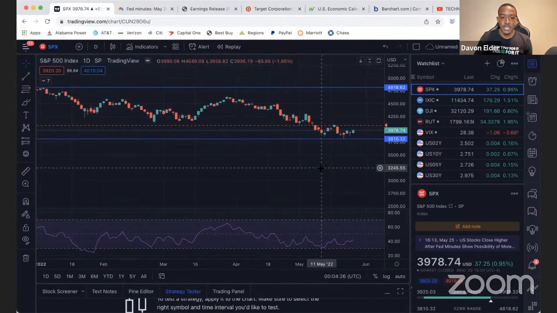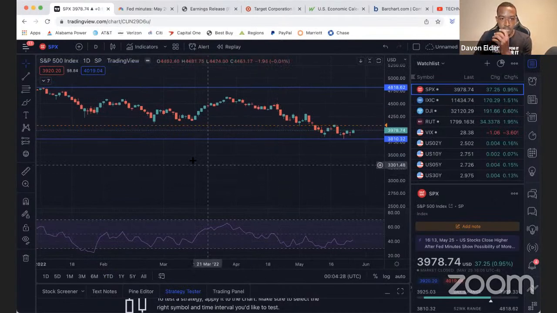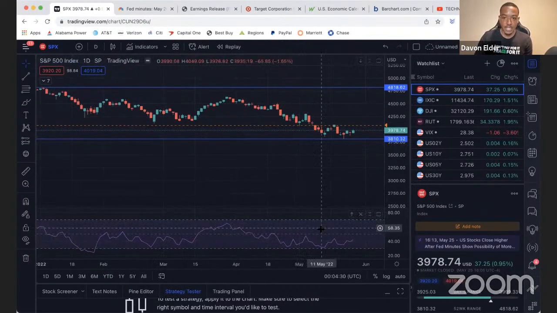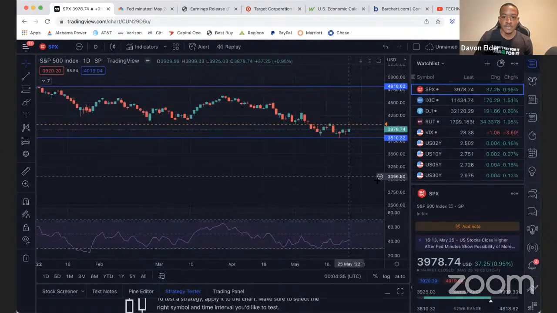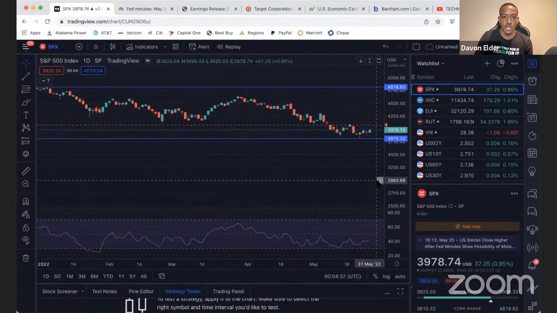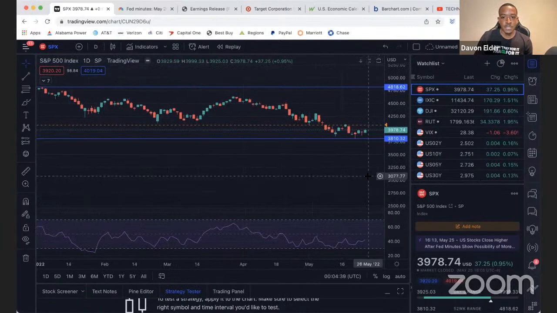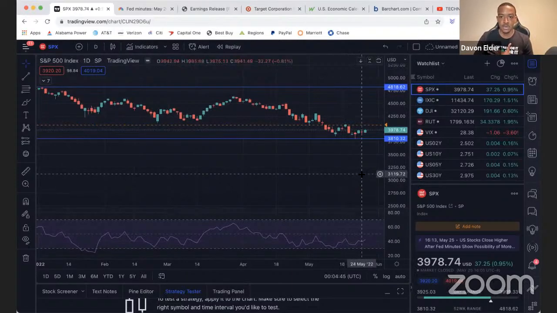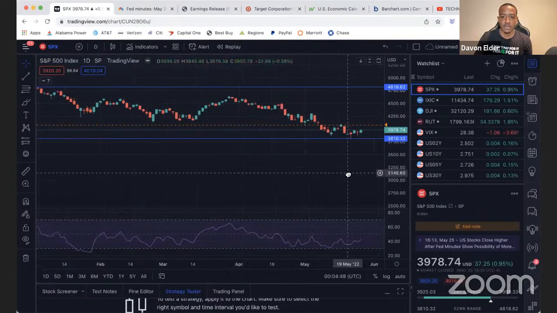So I've got a year-to-date chart of the S&P 500. And again, we're in a downtrend. We are in a defined downtrend. However, it's a possibility that we could have already had the bottom for this year. My thesis is that we've hit the bottom.